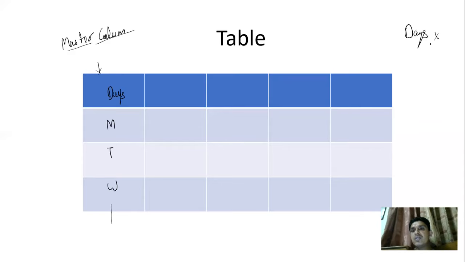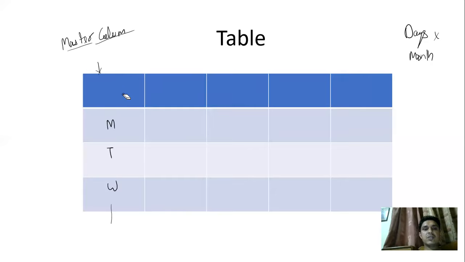If days are not there, you have to seek months. If the name of the months is given in the question, you just write the master column as months, right? And thereafter write the names of the months, like January, February, March, and so on, right?